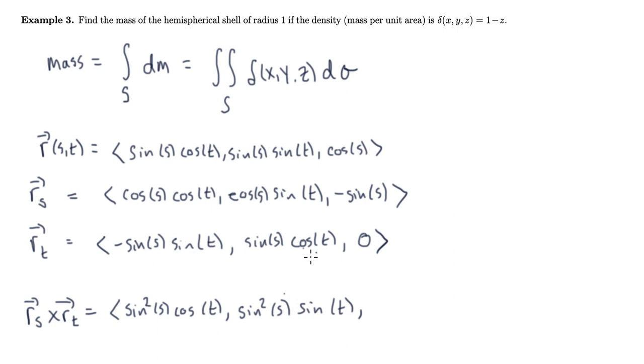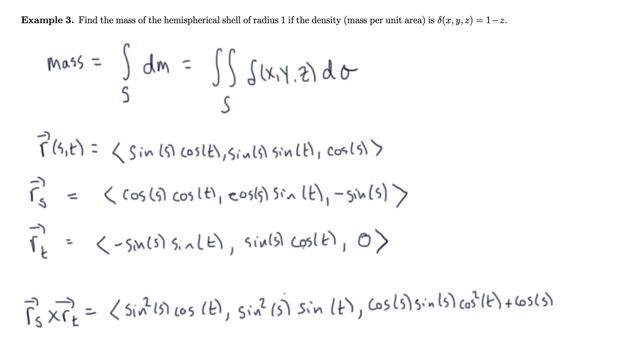And then what about the z coordinate? We're going to have, looks like, cosine S sine S cosine squared t, and then minus, but it's going to be plus, cosine S sine S, the same thing, but with sine squared t.